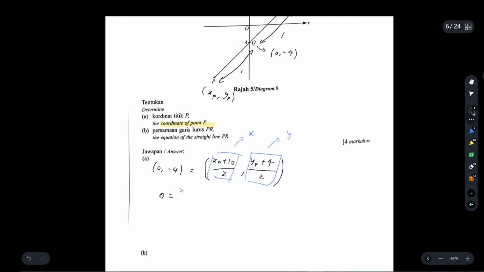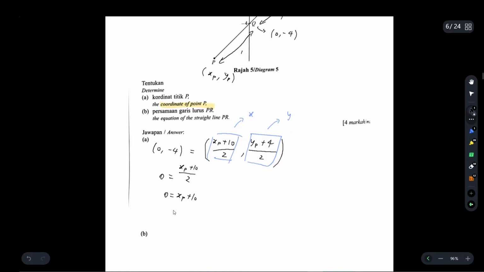So 0 equals (xP plus 10) over 2. 2 times 0 equals 0, and we have xP plus 10. Throw it to the other side, we have negative 10. And negative 4 equals (yP plus 4) over 2.